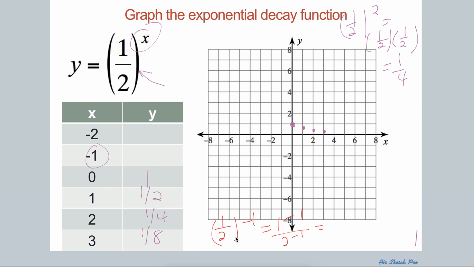Right, and then to deal with the negative exponents, we flip where they're currently at. So the 2 to the -1 goes to 2 to the +1 in the numerator. 1 to the -1 goes to 1 to the +1 in the denominator. So 2 to the 1 is just 2, over 1 to the 1 is 1. So we get 2. So (-1, 2).